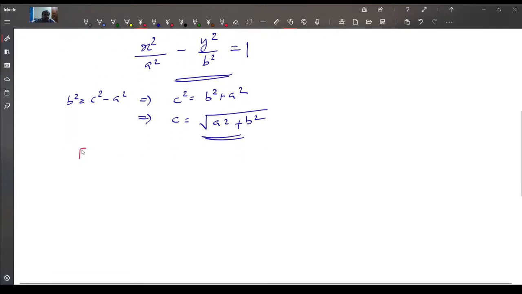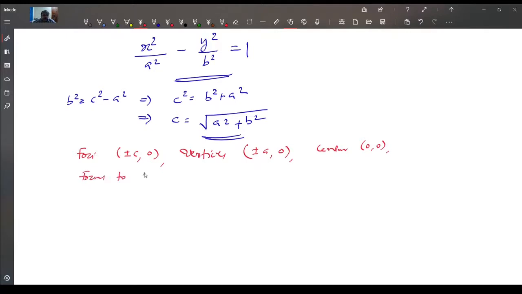We have foci plus or minus c, 0, vertices plus or minus a, 0, center 0, 0, and focus to center distance c is equal to root of a square plus b square.